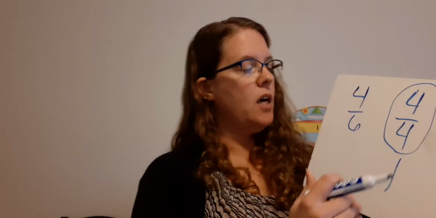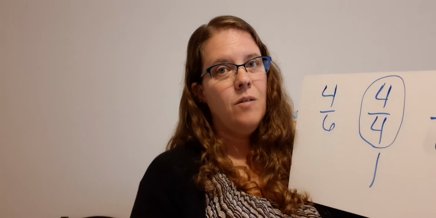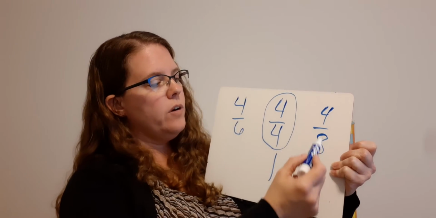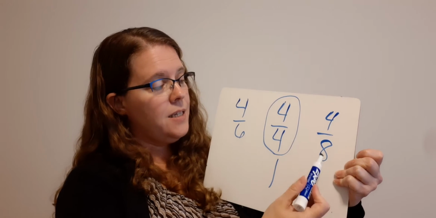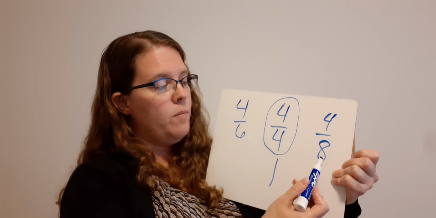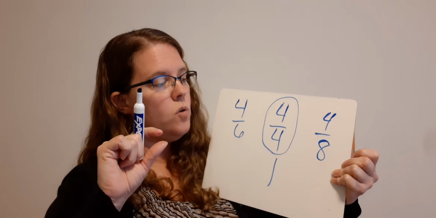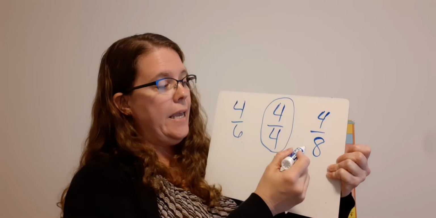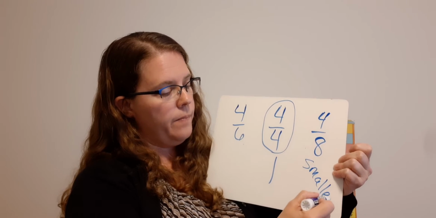So now I just have to figure out which one of these is the least. We found the greatest. We have to find the least. So 4/6 and 4/8. Well, remember what we talked about. Sixths and eighths. Remember, the higher the number, the smaller the piece. So which one's going to be smaller, sixths or eighths? Eighths is going to be smaller. So this is going to be your smaller one.